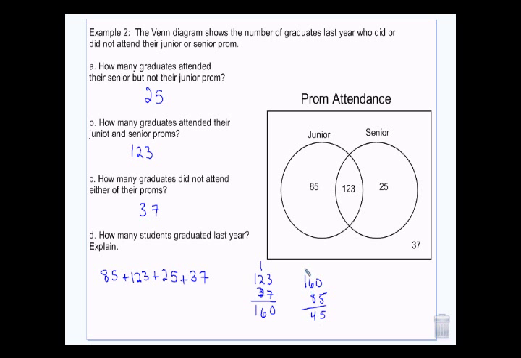Just do 110. 270. So 270 graduates. The 85 plus 123 attended junior prom. The 25 plus 123 attended senior prom. 123 did both. And 37 said, I don't care for dances, thank you very much.